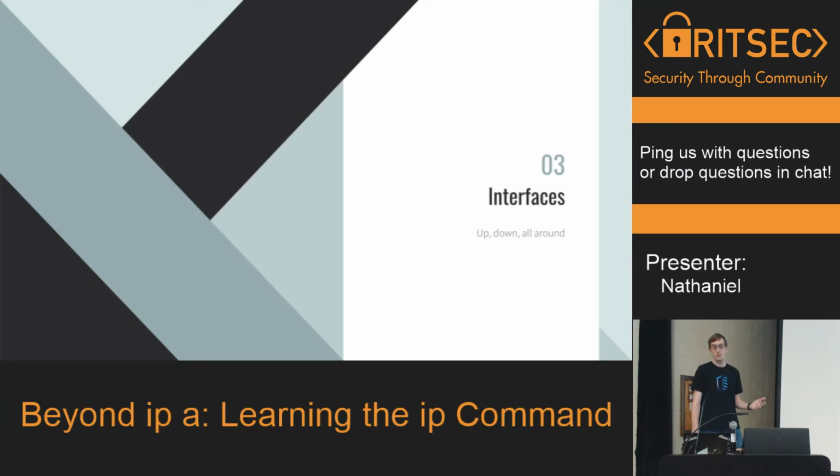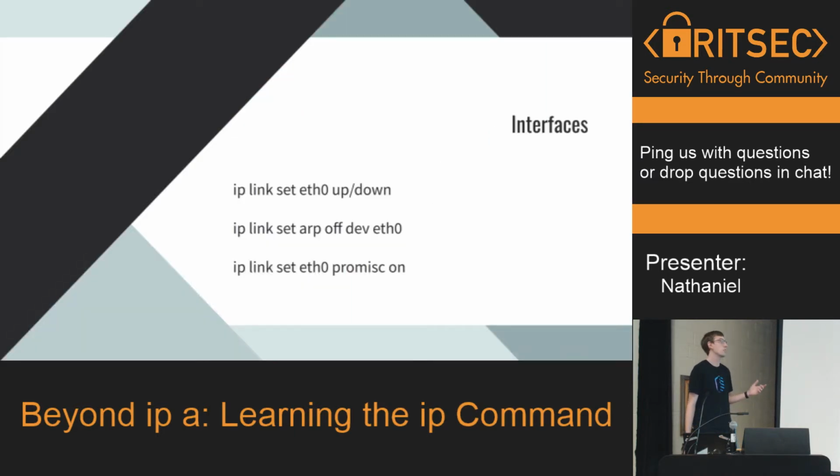Next up, interfaces, which we'd use a lot with ifdown and ifup for switching your interfaces on and off. So we're going to learn how to do that with the ip command. That noun, I guess you could call it, is link. So you can say ip link set this interface up or down, which is super easy, pretty memorable.